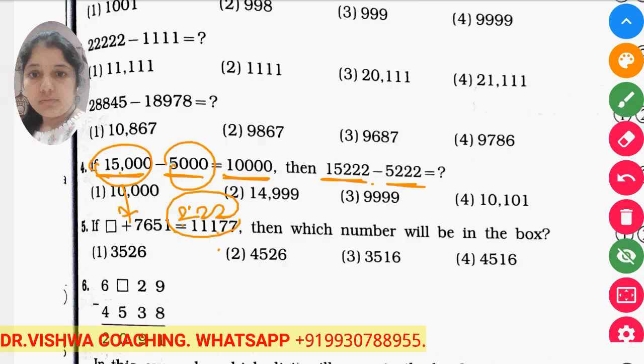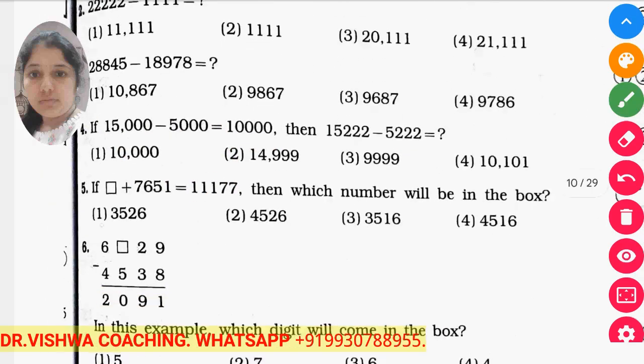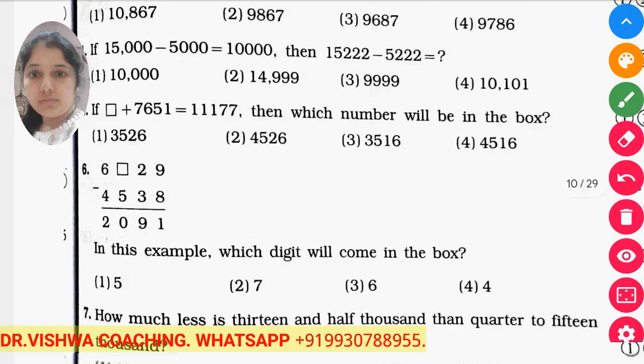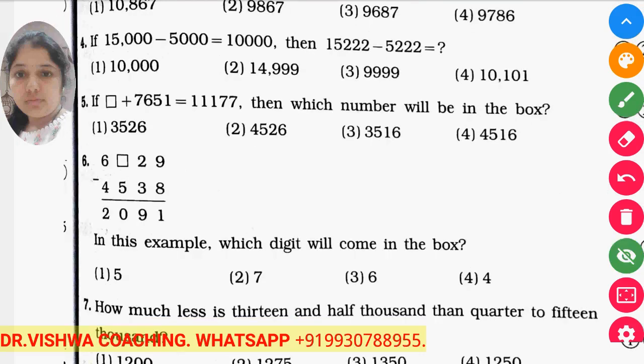As we add 222 in both the numbers, our answer will remain the same. So 10,000 is the answer only. You can do the subtraction and check whether the answer is 10,000 only or not.